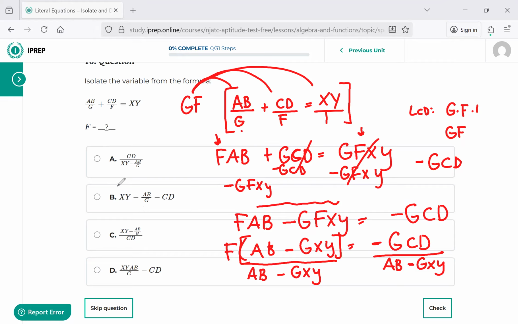I don't see my answer. On the bottom, can you factor out a common denominator? No. On the top, nothing.